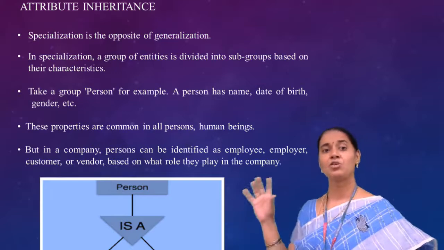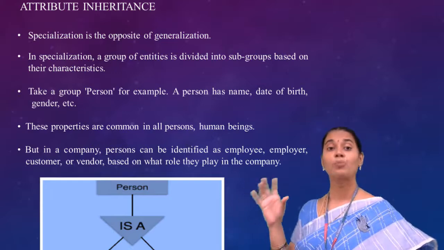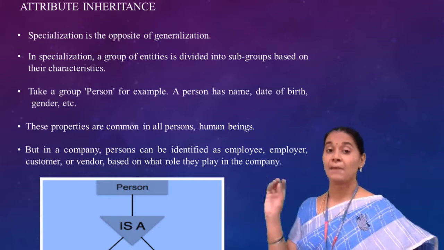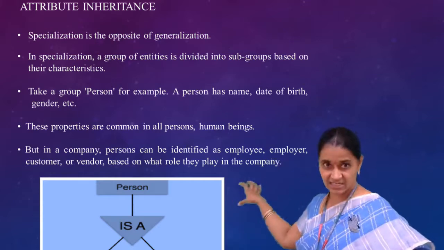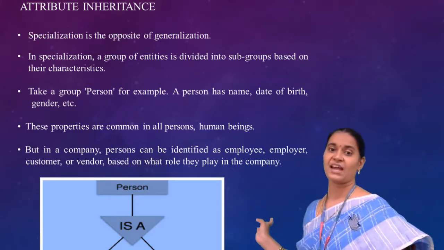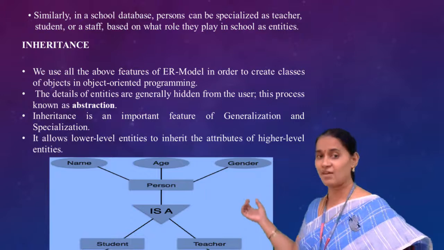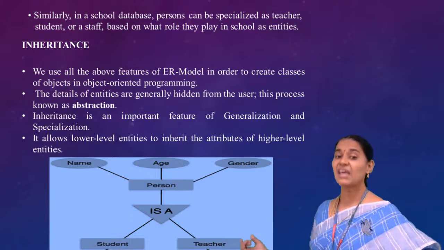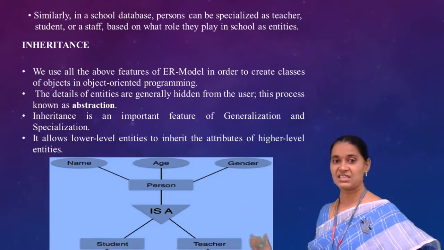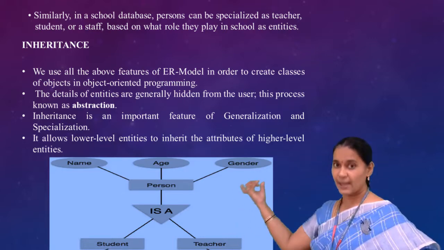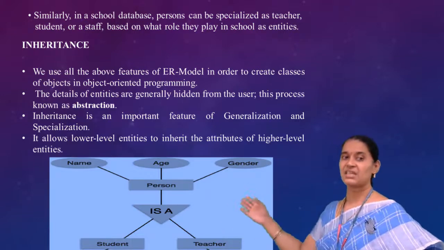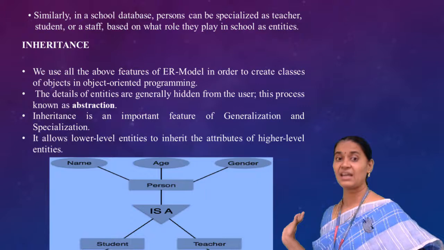Person by itself is only one entity. It contains a group of employees working in a particular company. Again, based on the type of job, the person can be categorized into 4 or 5 categories. In our example, a person is an employee, a person is an employer, a person is a customer, a person is a vendor.